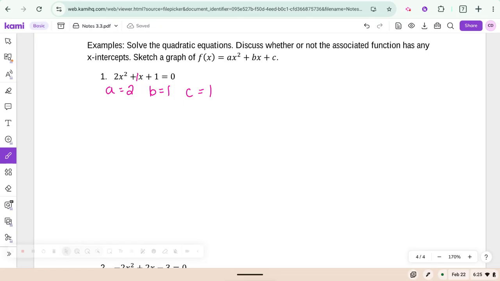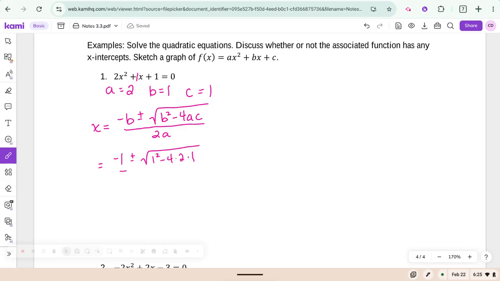The quadratic formula says x equals negative b plus or minus the square root of b squared minus 4ac all over 2 times a. So now we just substitute the numbers in. So I have negative 1 plus or minus the square root of 1 squared minus 4 times 2 times 1 all over 2 times 2.